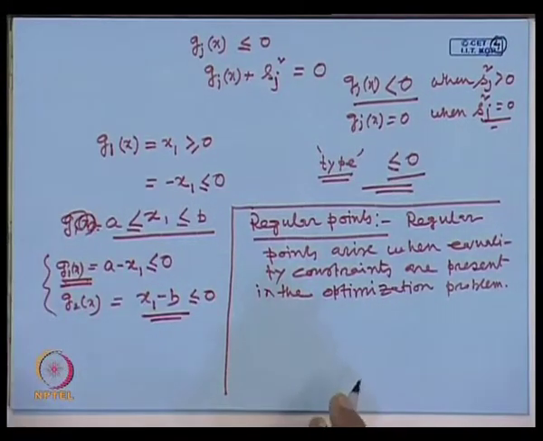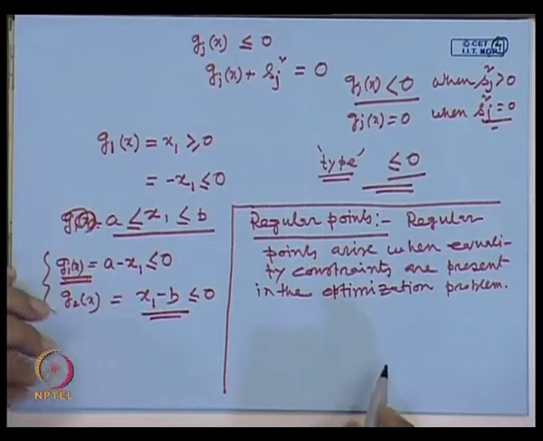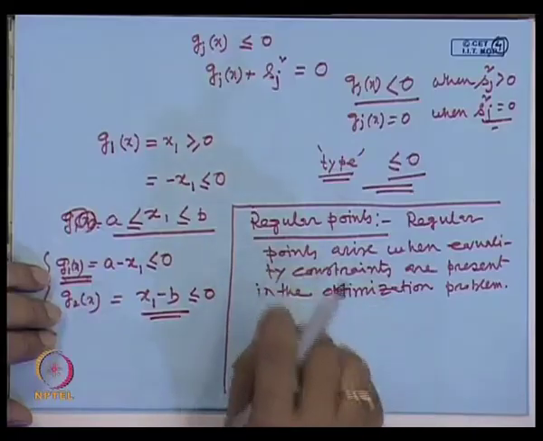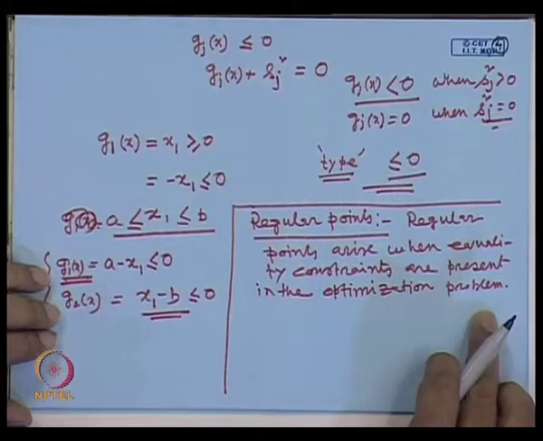Now, you see, a regular point has two features. One feature is that if x star is the regular point, agree, that regular point must be feasible. Feasible in the sense that it must satisfy the equality constraints and inequality constraints. This is the first feature of regular points. Next, at the regular points you will get the equality constraints.